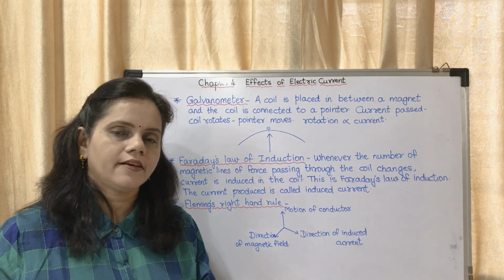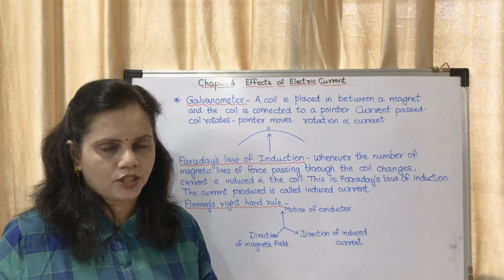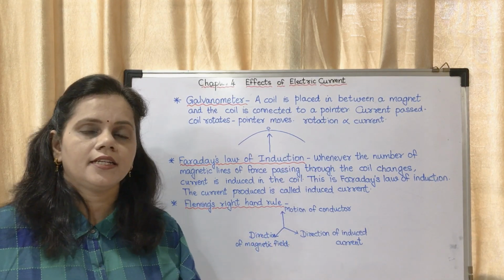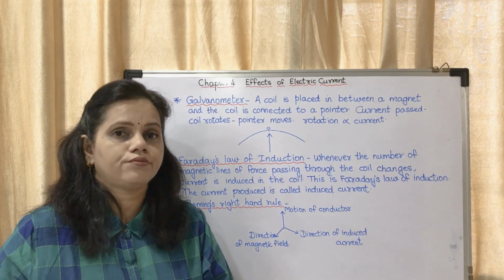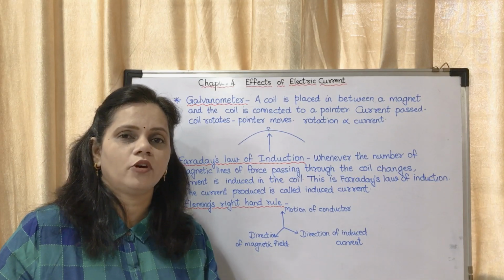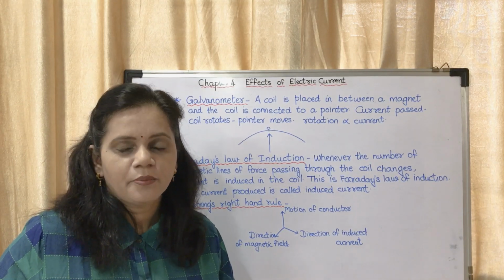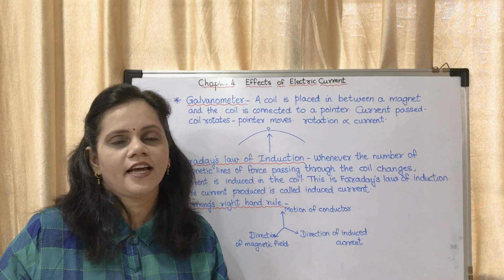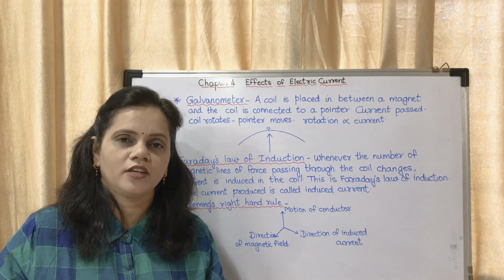Now the next is Faraday's law of induction. Now what do you mean by induction? In Three Idiots, do you remember? Brrr, that is an induction motor. You had seen it, but that is not the way an induction motor works. We have seen how an induction motor works.